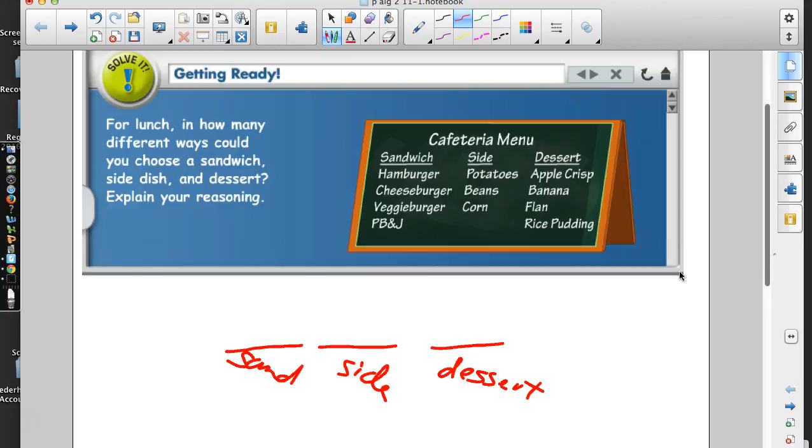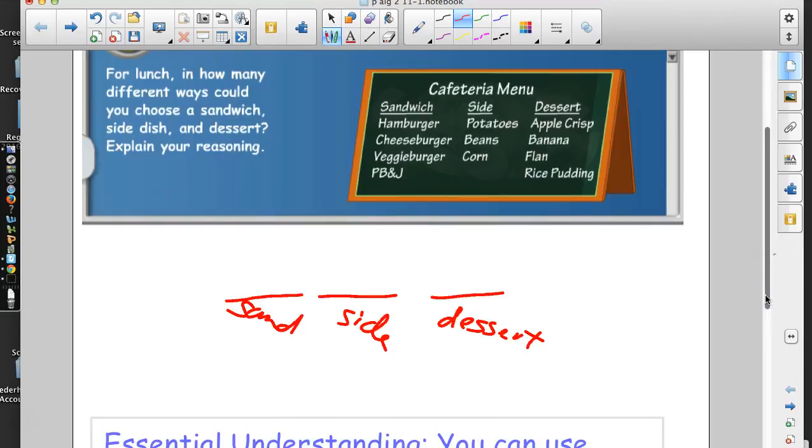Well, to know how many ways that's going to happen, we need to know how many choices we have for each one of those. So we go to the menu, and we see there are 4 different sandwiches. 4 choices for sandwiches. Got to pick a side? There's 3 of them up here. 3 sides to choose from. Have to pick a dessert. 1, 2, 3, 4. 4 choices.